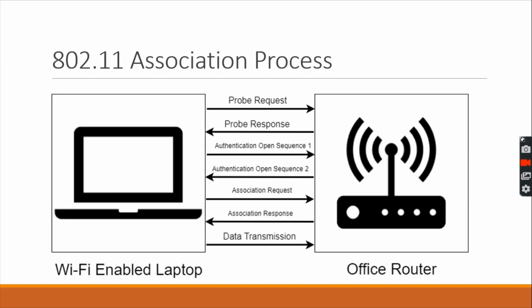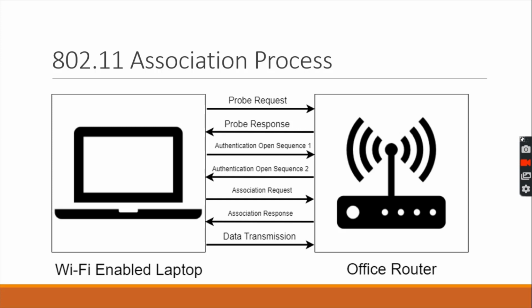The 802.11 association process starts with a probe request from a Wi-Fi enabled laptop. The router will then respond with a probe response. The laptop will try to authenticate to the router. Depending on the authentication used, the router can then ask for a second round of authentication from the laptop.